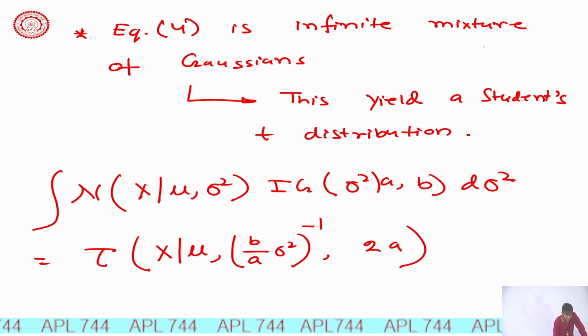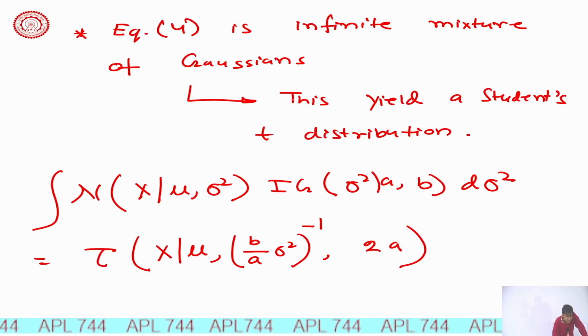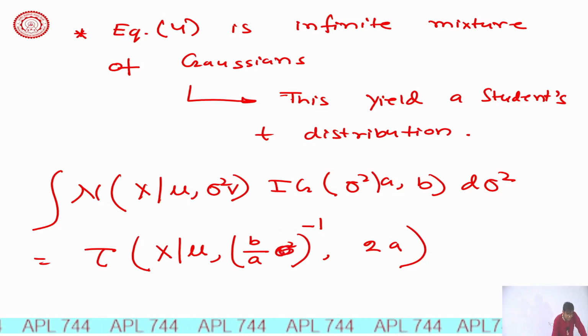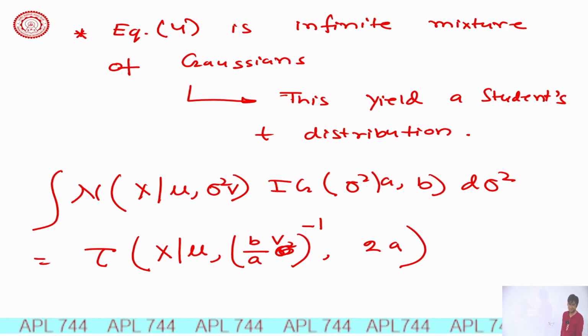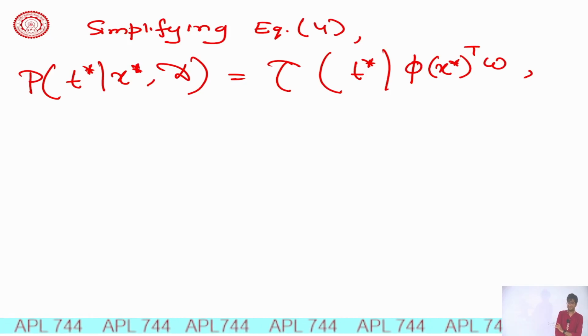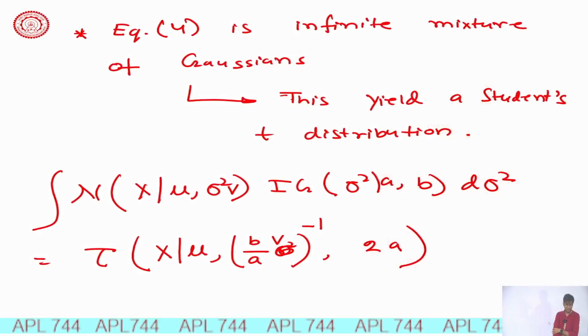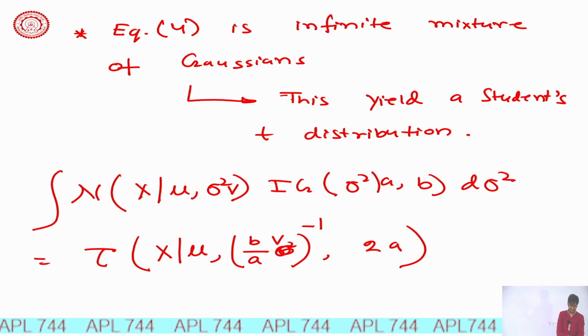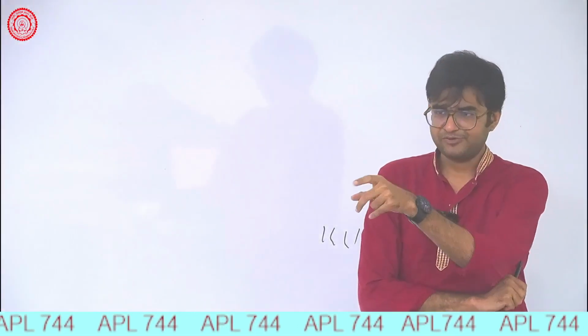Let me write it like this, that will help. Let's write sigma square V, and then this should be V actually. Now it will be easier for you. Instead of sigma square, I wrote sigma square V because you have that form, right? So just to be consistent with the form we have.